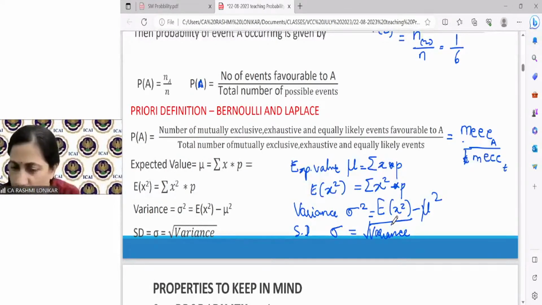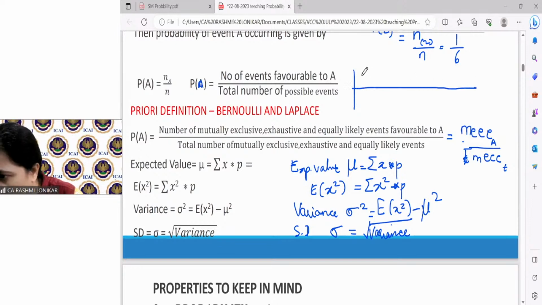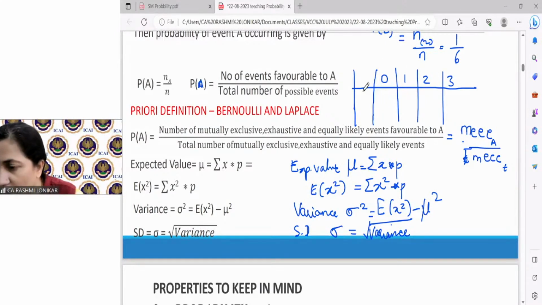Make sure you are writing them down, and then we are going to have the probability distribution table, and from there we could do that. Suppose I make a probability distribution table. I have 0, 1, 2, 3. These are the events, x can take the value 0, 1, 2, 3. So this is x, and this is some probability.